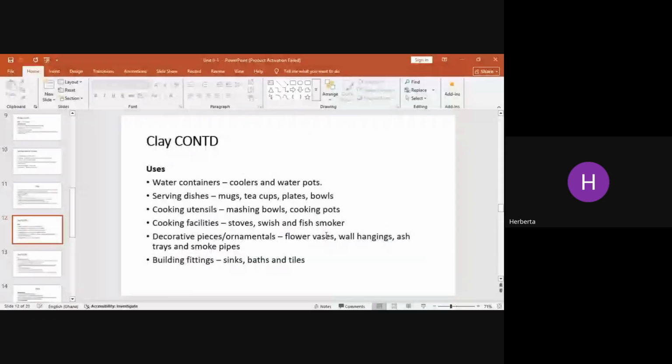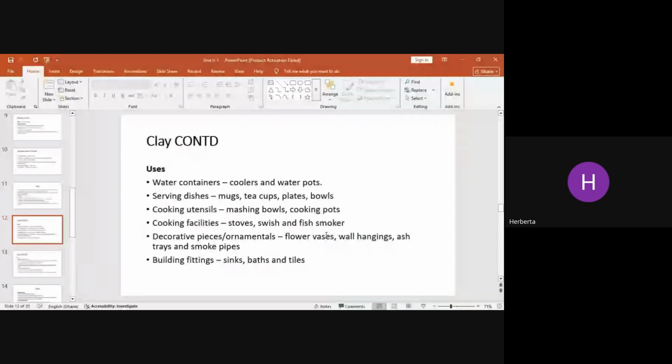What are the uses of these clay items? As we have said in the discussion already, some are used as water containers in the form of coolers and water pots. Some are used as serving dishes, that is mugs, teacups, plates, and bowls.